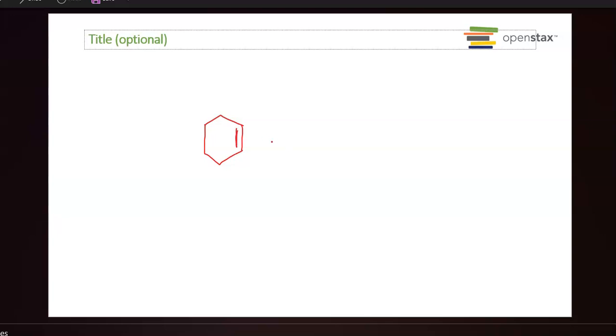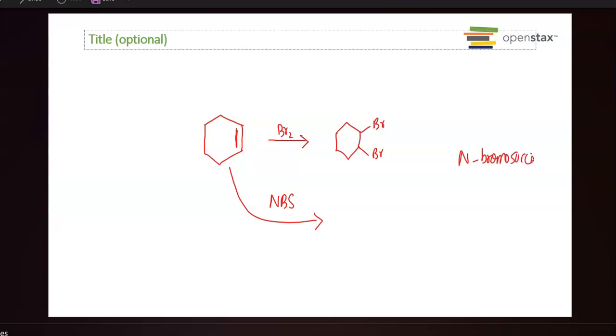Normally if I had treated this with bromine, the double bond is going to open up and you will get bromines attached to the double bond. But when you treat this same compound with NBS, which stands for N-bromosuccinimide, it targets the allylic position specifically.